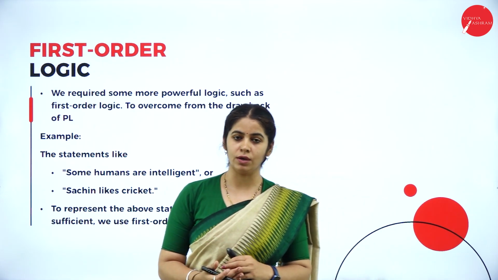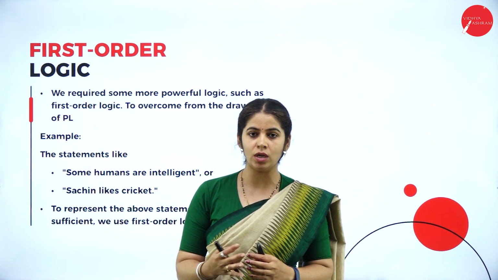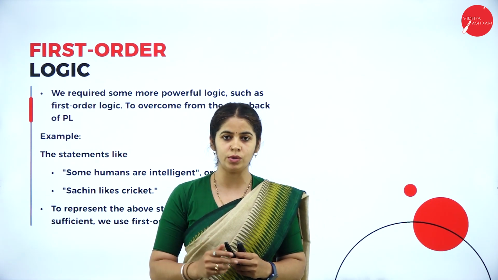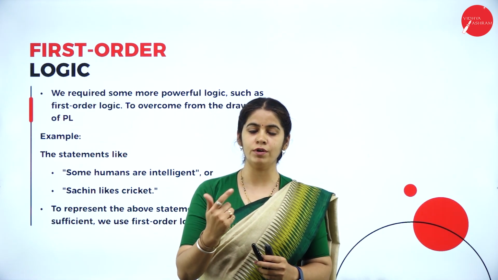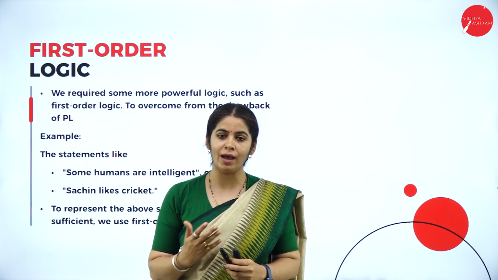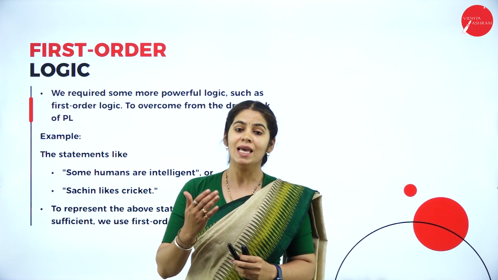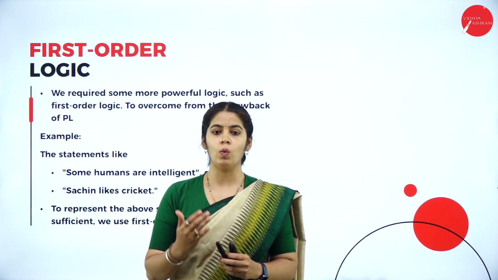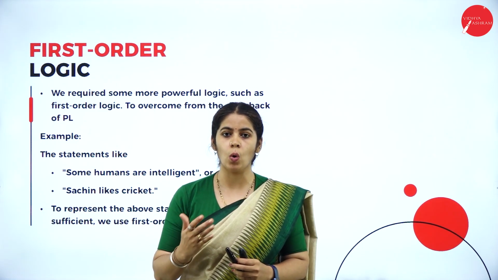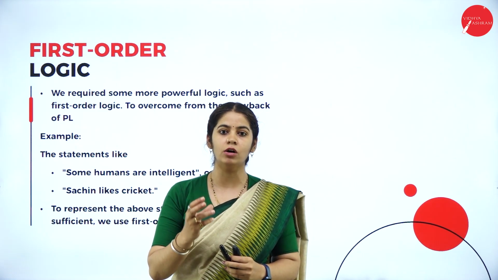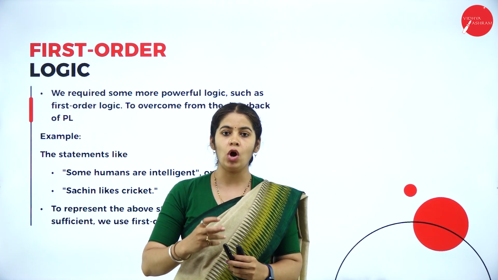First order logic. We can represent the knowledge base in two ways, propositional logic and first order logic. The main drawback of propositional logic is that it works only with yes or no statements, where we have concrete answers. It cannot predict.